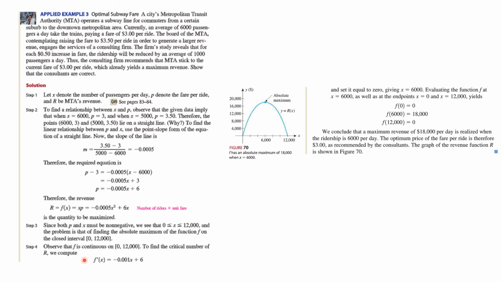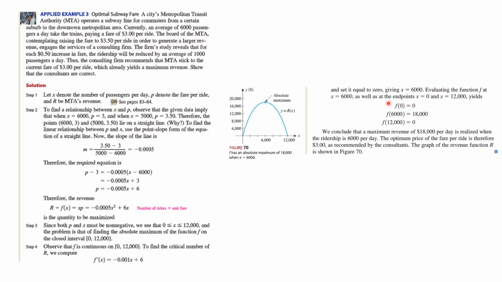So we need to evaluate the endpoints and any critical numbers. We take the derivative of this function, and this is what we get. We set that equal to 0, and we find that x is 6,000.